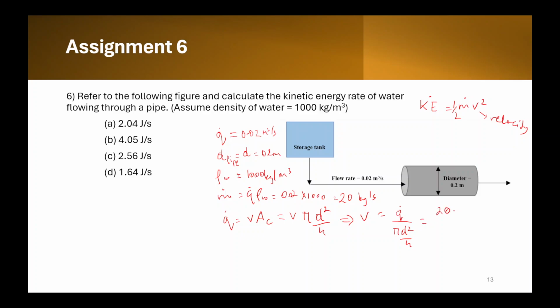So 0.02 into 4 upon pi into 0.2 square, not 20, it will be 0.02.